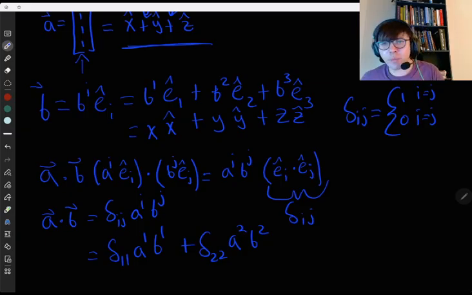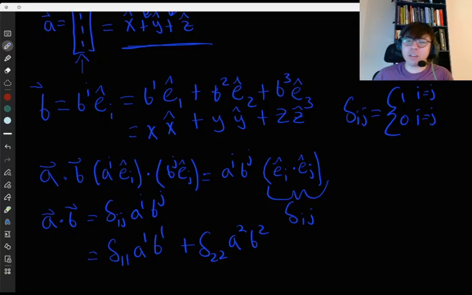Viewer at home, why do you think that we need to do that? Hint, what is the definition of this new symbol that we saw? It's 0. Oops, sorry. I forgot to cross this out. It's 0 if i doesn't equal j.